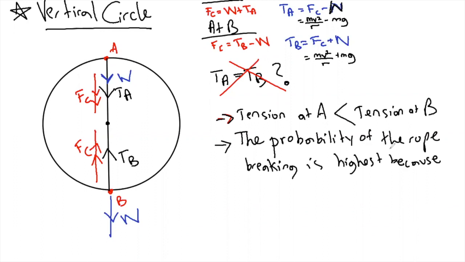So the probability of the rope breaking is highest because tension is highest at B. Okay, just a second, let me use a different color. So at B because of greater tension.